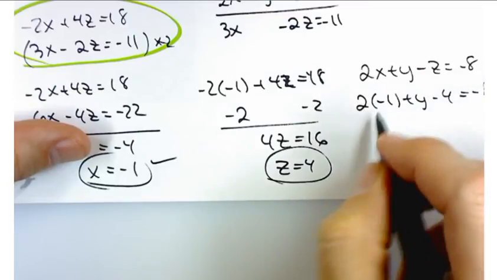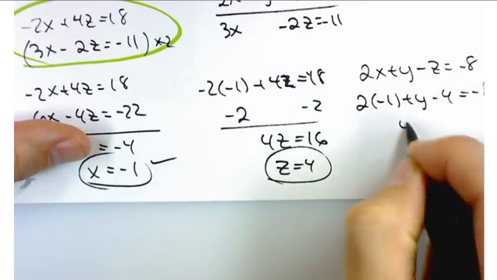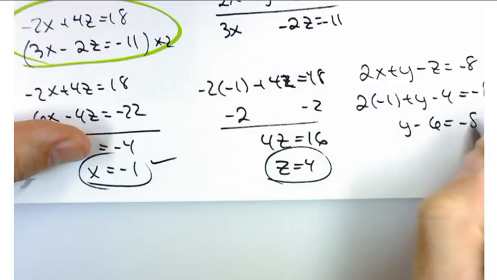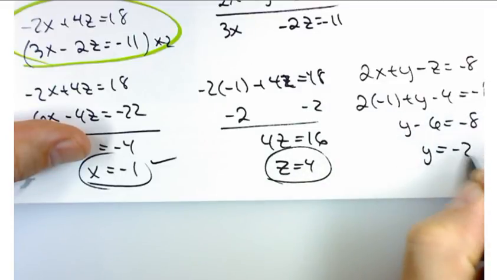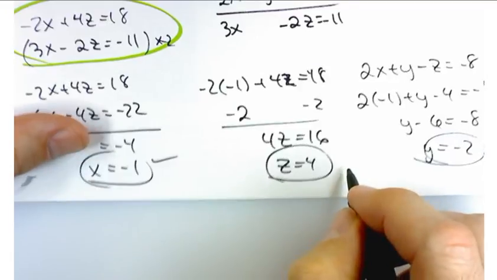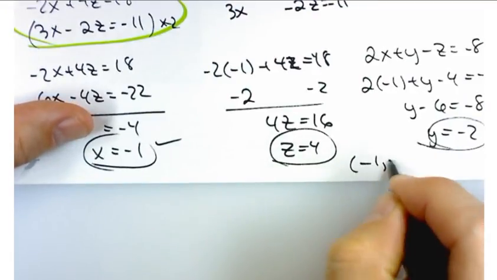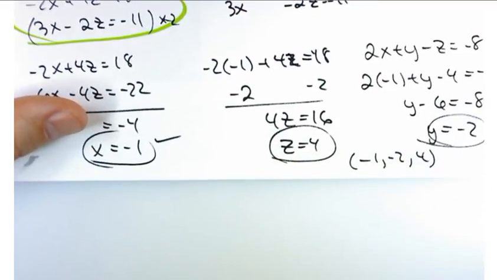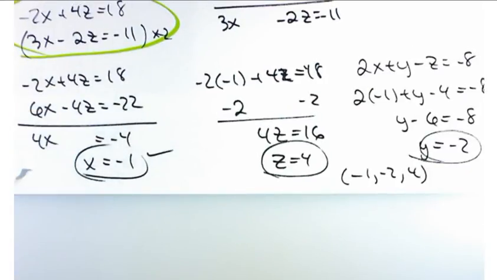So that's going to be negative 2 and negative 4 give me negative 6. Adding 6 to both sides, I get y as negative 2. Overall, negative 1, negative 2, and 4. Whew. All right. Let's take a break here, and we'll finish up in a little bit.